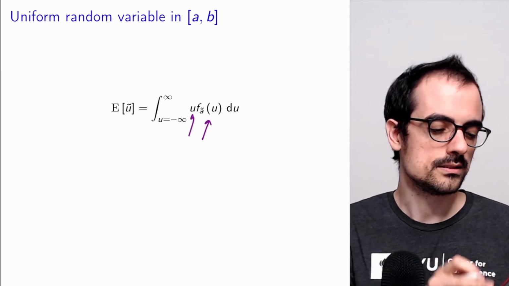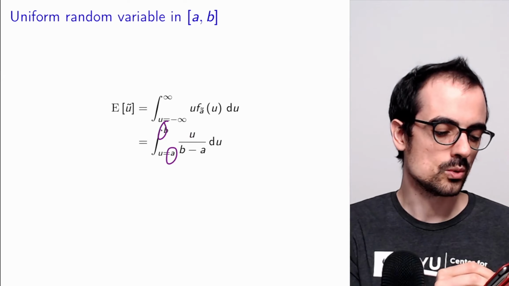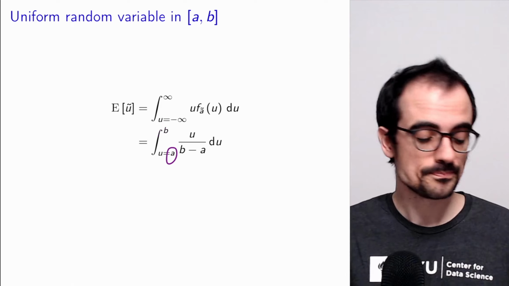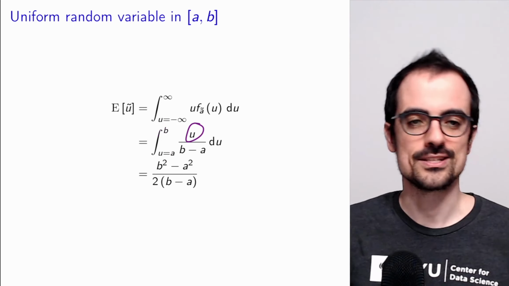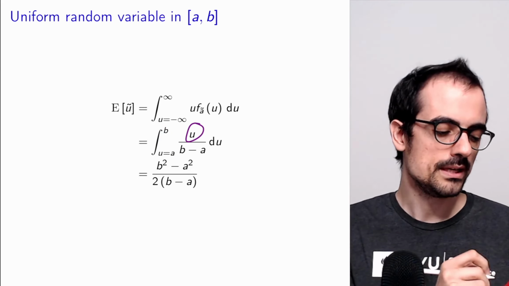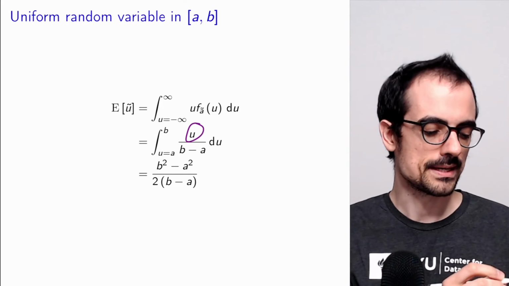So here, the density is zero outside of A and B, and it's equal to 1 over B minus A because the density has to integrate to 1. When we take this integral, the antiderivative of u is u squared divided by 2. From A to B, we have b squared minus a squared divided by 2 times b minus a.